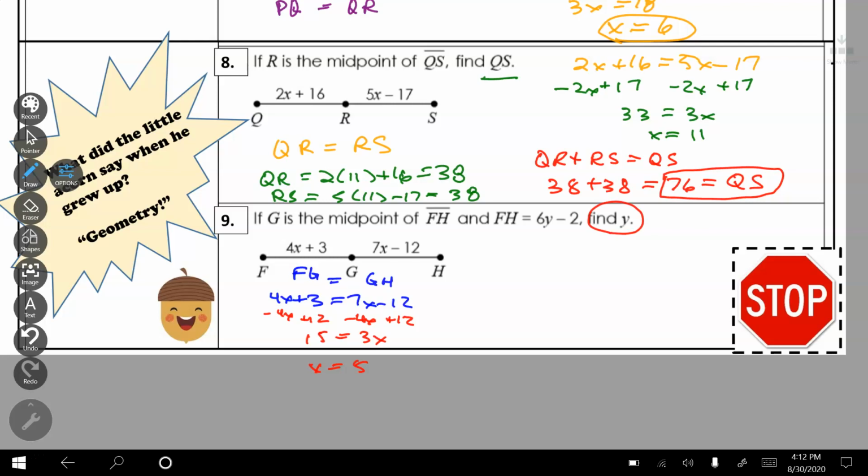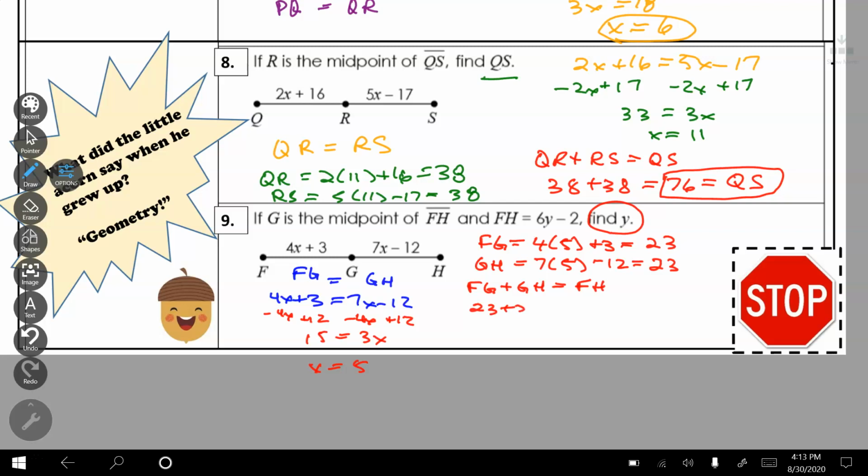So the way I set that up is I have to plug in for FG. FG is equal to 4 times 5 plus 3, which is 23. And GH better be the same, but I'm going to check anyways. 7 times 5 minus 12 is 35 minus 12, which is also 23. So FG plus GH is equal to FH.